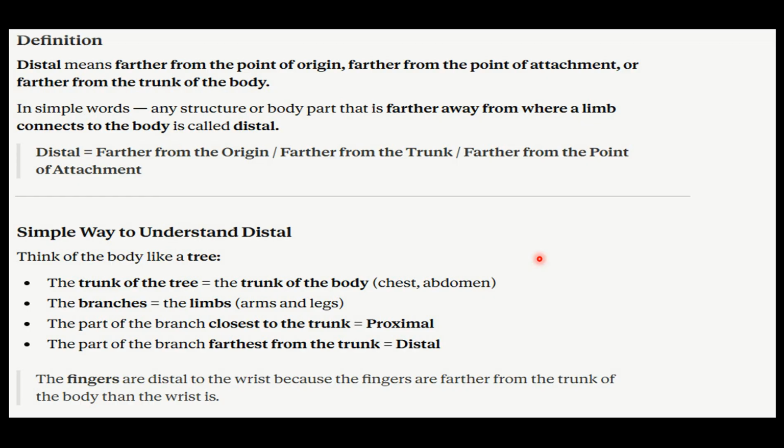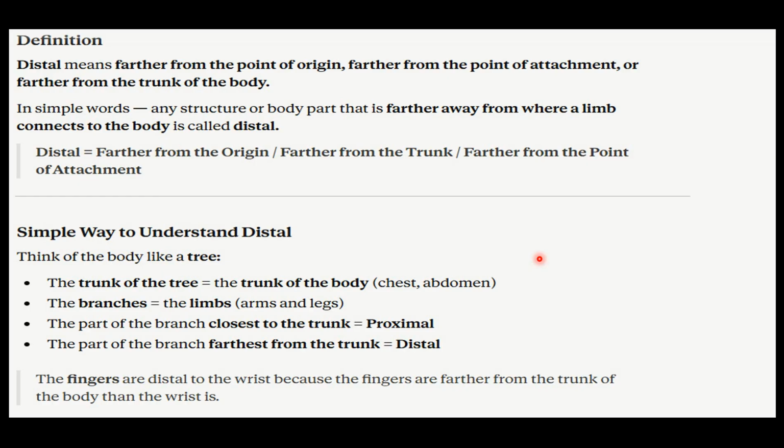Here, if we take one example, the fingers are distal to the wrist because the fingers are farther from the trunk of the body than the wrist is. Now these things will change according to the second structure, because we mostly use two structures. If the second structure is distal, we will consider the first one as proximal.